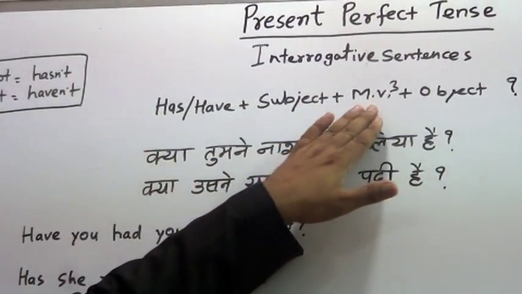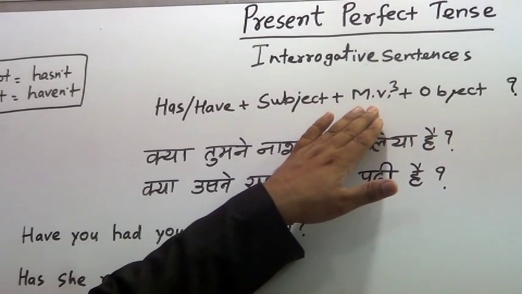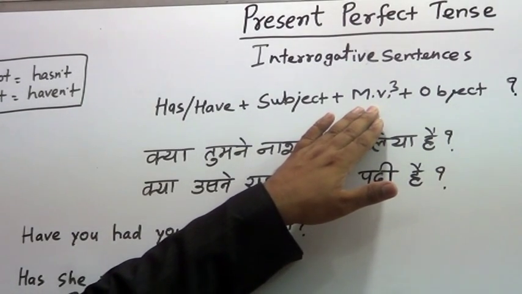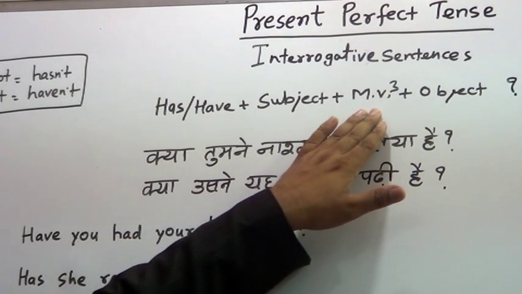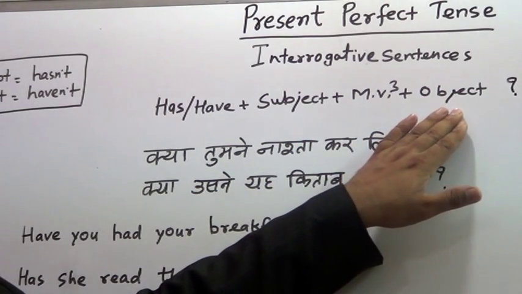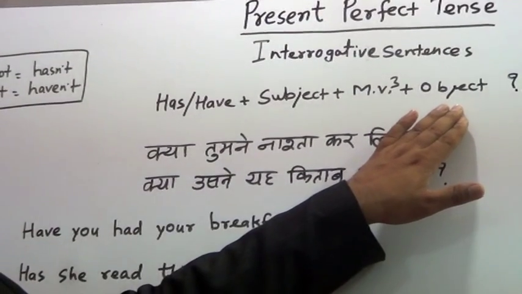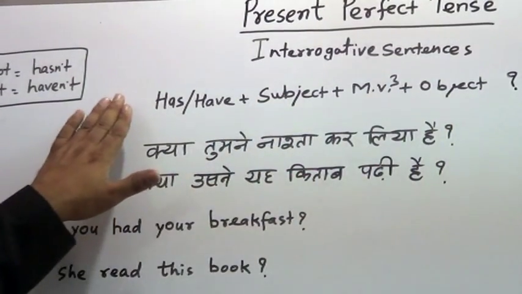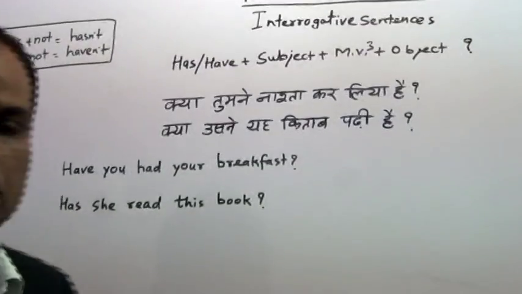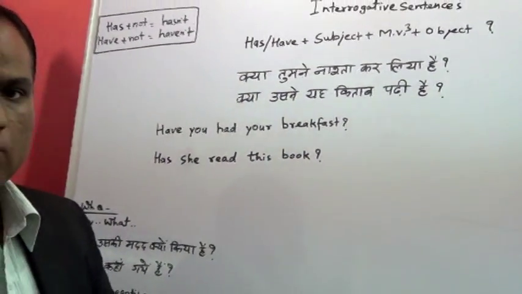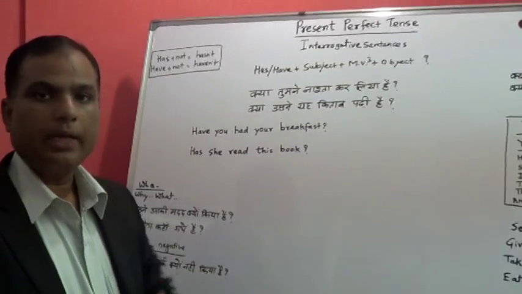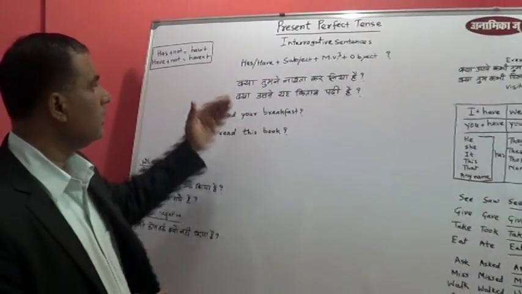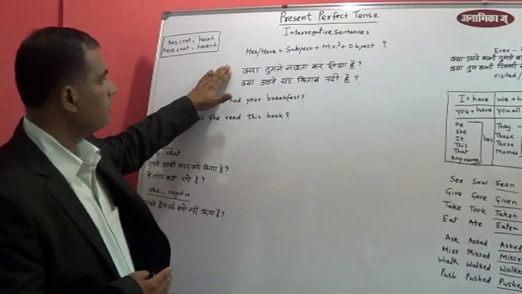And as you know, in present perfect tense, we always use the third form of the verb. And finally, we will have object and other words. So with the help of this structure, we can frame any question which can be replied in either positive or negative. Now let's see certain examples.